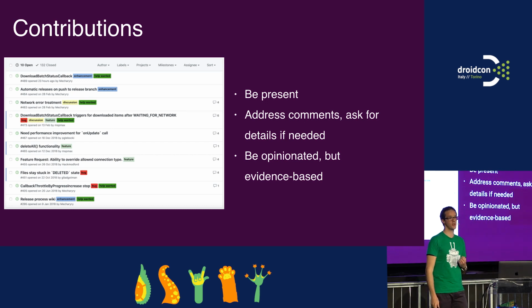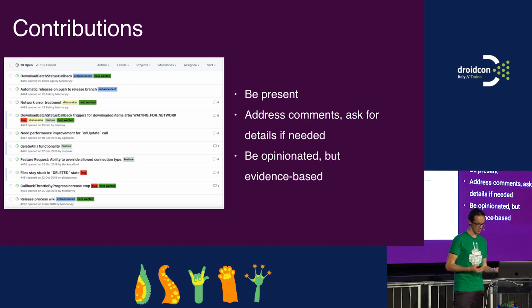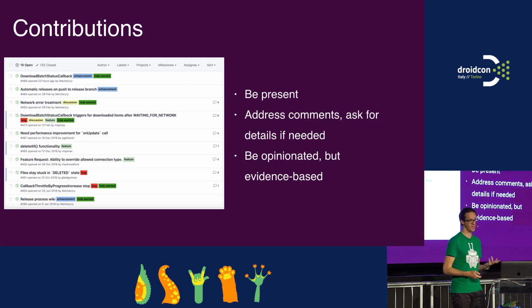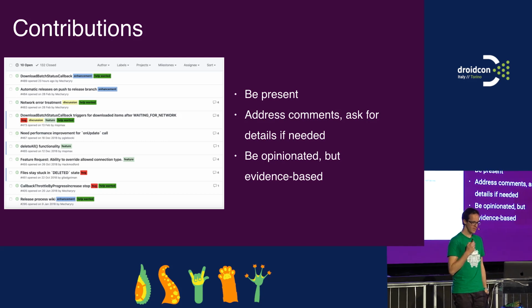But always try to provide some reasoning why you don't want to follow that route. It's not good to just say, no, I don't care, I don't like your idea. Always try to explain it. This is something that, unfortunately, we should always do online in general, but even more if you are contributing to and maintaining an open source project.